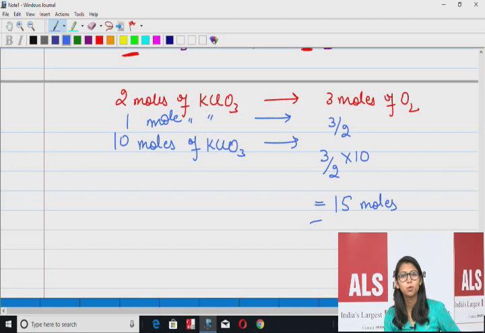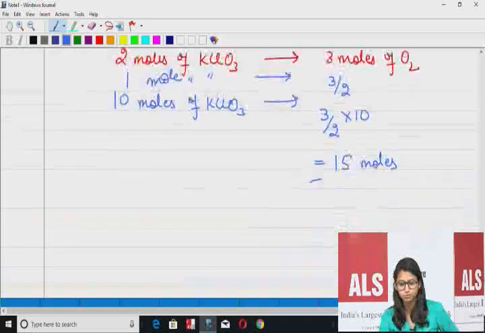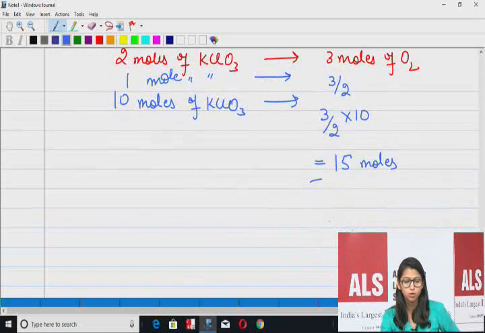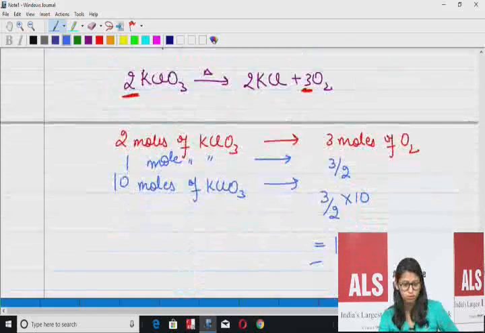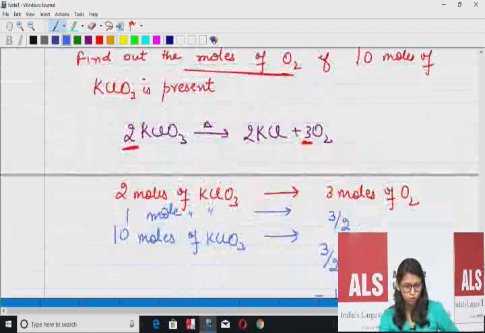Or still it's an all boys center? Tell me. Still it's all boys center? Oh, all boys. Okay, no problem.